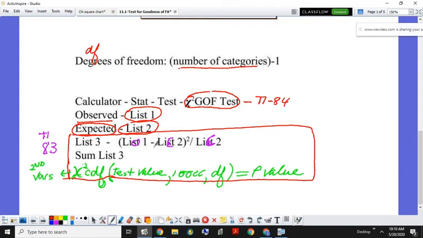You have list 1 minus list 2 squared divided by list 2, sum it. Right where you get sum, you go to second stat, arrow over to math if you can't remember where the sum function is, and it's number 5 on that list. So second stat, arrow over to math, and it's number 5. This is under second VARs, and this is the chi-square CDF, and I think it was number 8 on there.